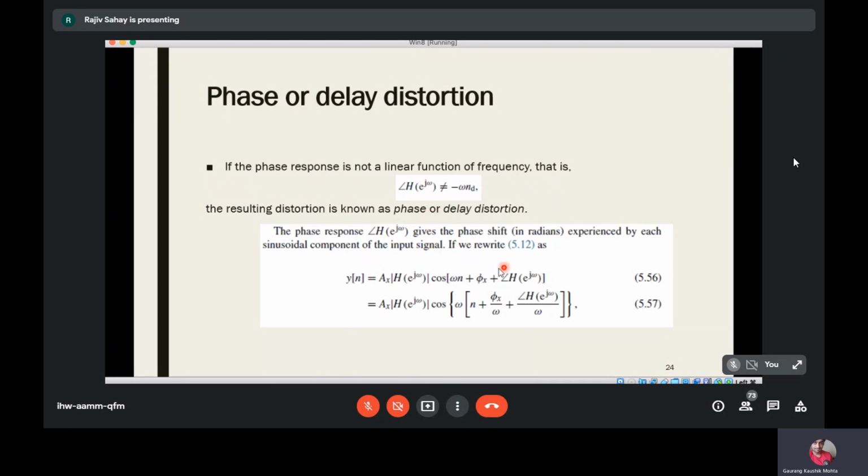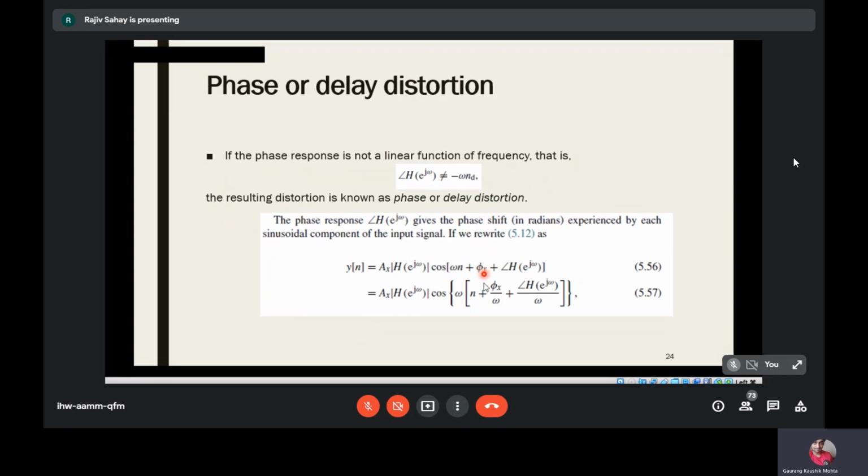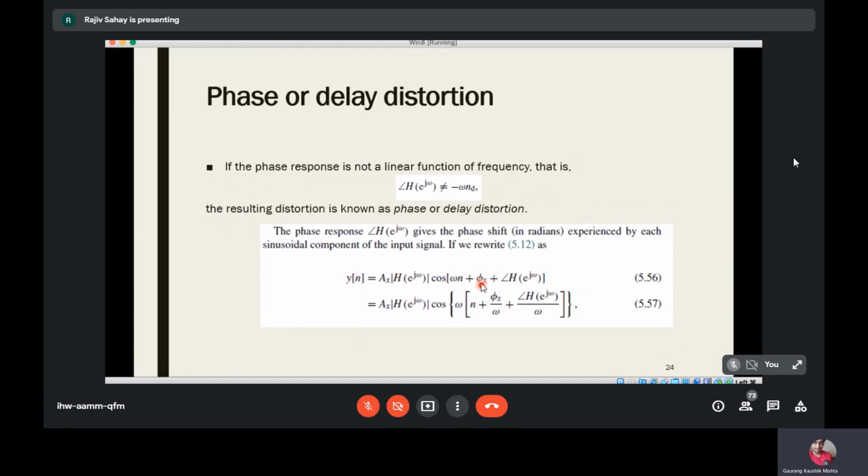So you can now rewrite the expression of the eigenfunction property like this: for a particular input x, okay, here you have A x times the magnitude of H of j omega times cos of omega n plus phi x, where phi x is the original phase of the input sinusoid.